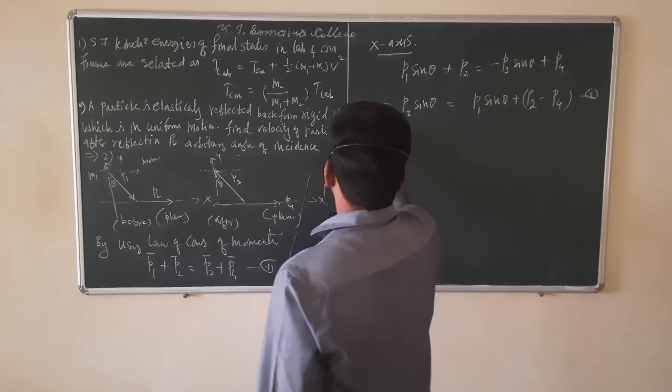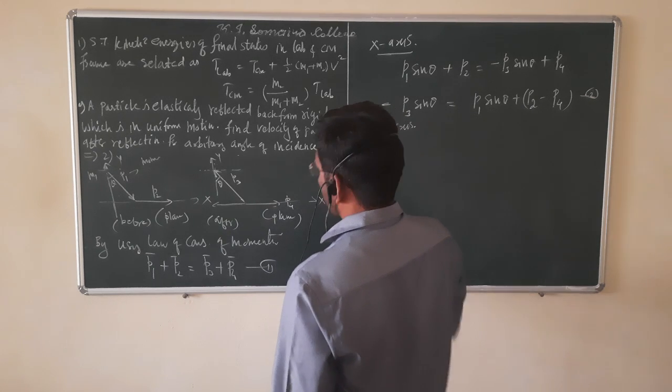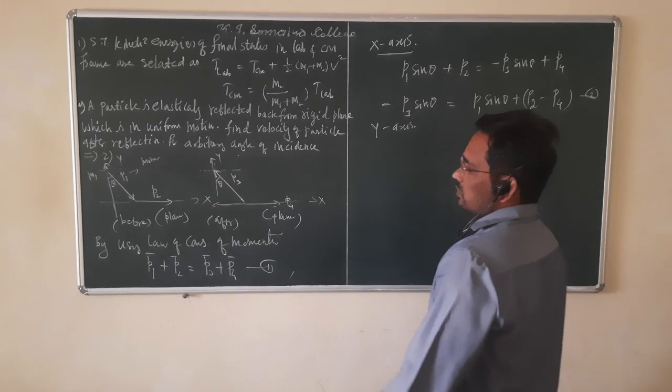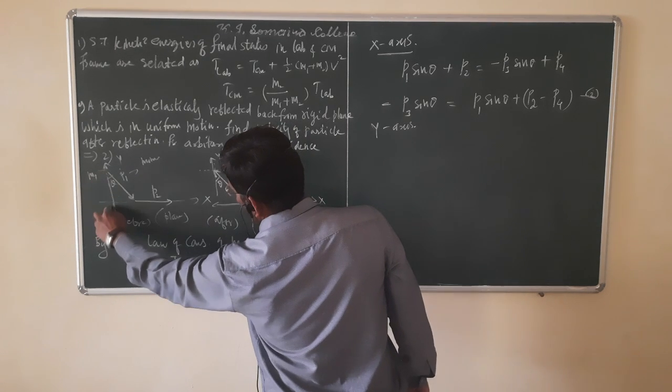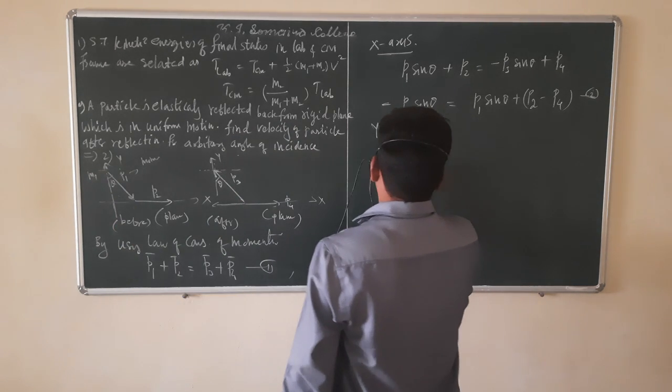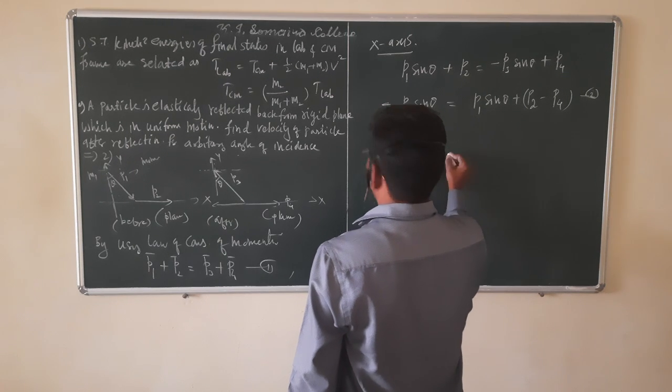Now along the y-axis, if you apply conservation of momentum, before scattering along the y-axis, P1 has a component downwards, so minus P1 cos theta.